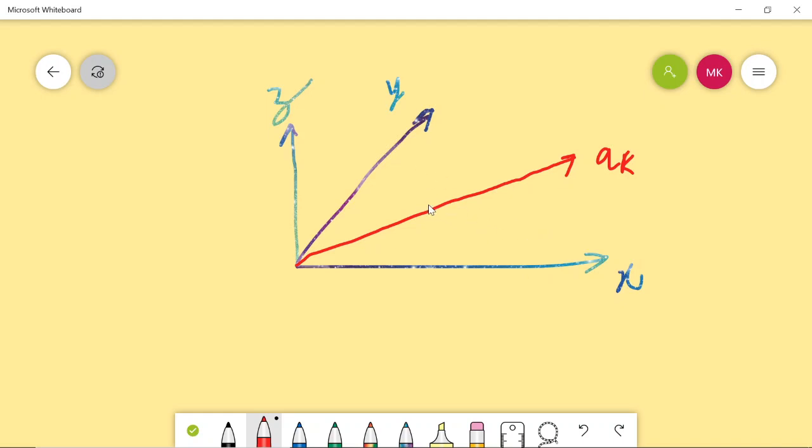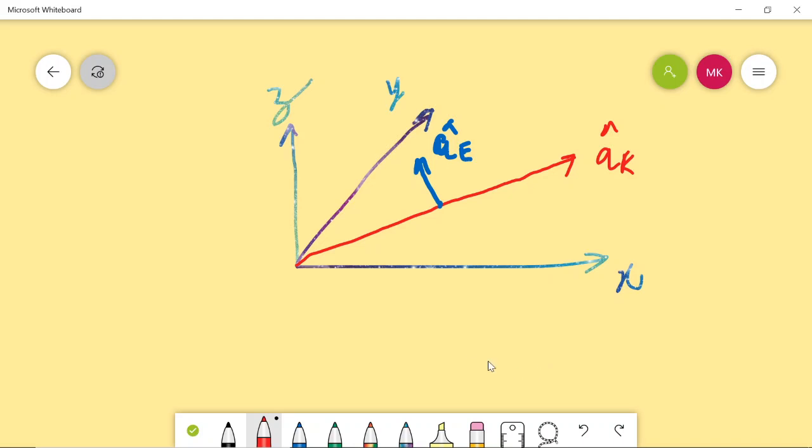So let's have the electric field which is perpendicular to this one, in some perpendicular direction. We call it the a_E vector, and this is your a_k. Now the H vector will be perpendicular to both.